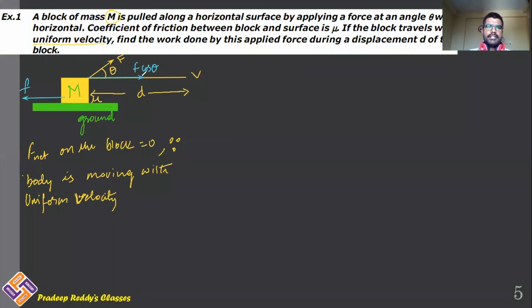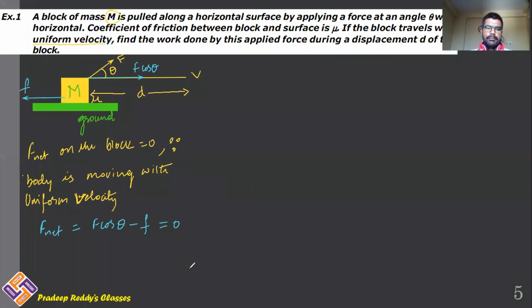Because of this F cos theta, the body should travel to the right side, but there is a frictional force acting in the opposite direction to the applied force. So as friction is opposing the body's motion to the left, the net force can be written as F net is equal to F cos theta minus frictional force, which should be equal to 0.